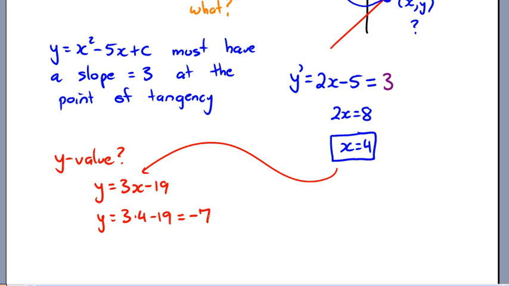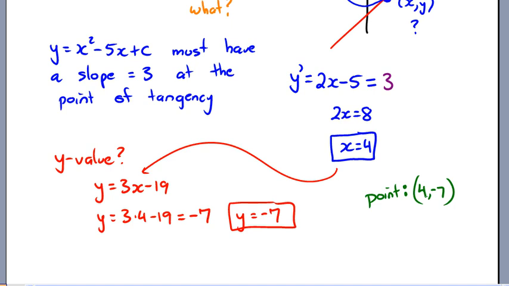So we're really close here now. The actual point where the two graphs touch each other is (4, -7).